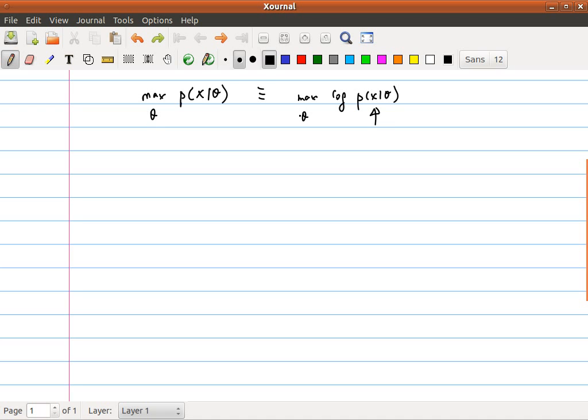It'll be the same as trying to maximize the log likelihood instead, the log of P of x given theta. Then I can rewrite the probability as a sum of the joint probability P of x, z given theta. Basically this marginal probability is just the sum of this conditional probability here.